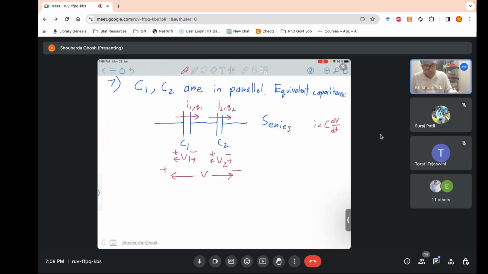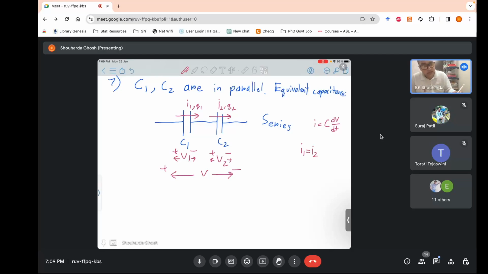So I1 and I2 are equal, or you can say Q1 is also equal to Q2. Let's do it in terms of currents first. I1 is C1 dV1 upon dt. I2 is C2 dV2 upon dt.